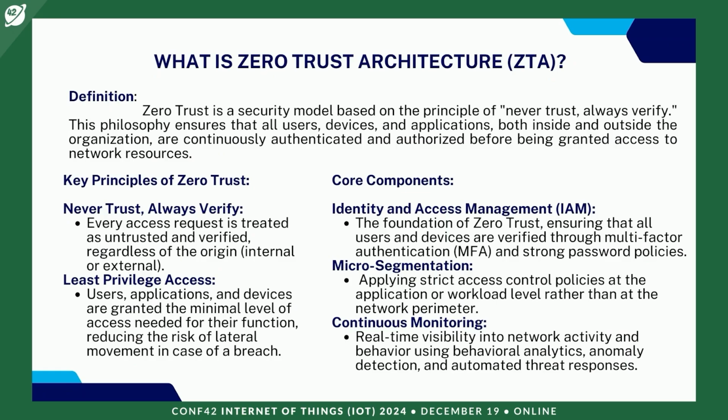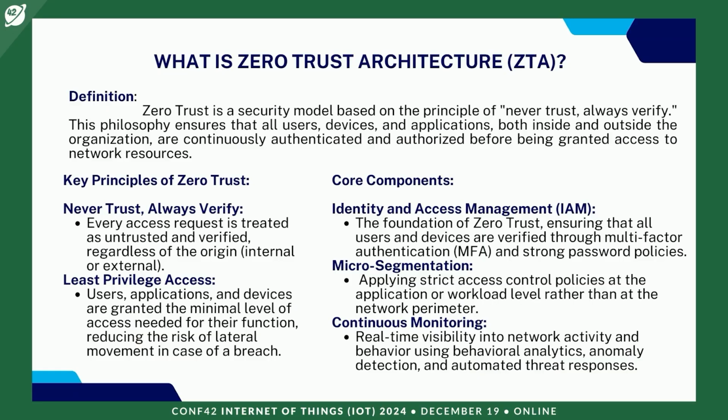So you always verify that the device is who it says it is, and you keep authenticating that device over a period of time. And it also combines with authorization, meaning what level of access that device is granted.